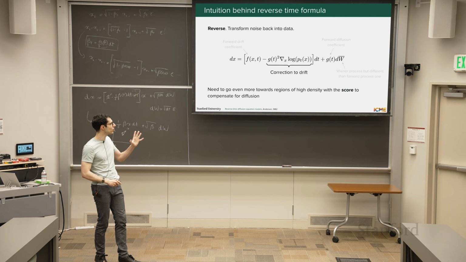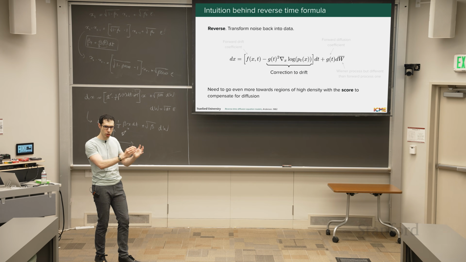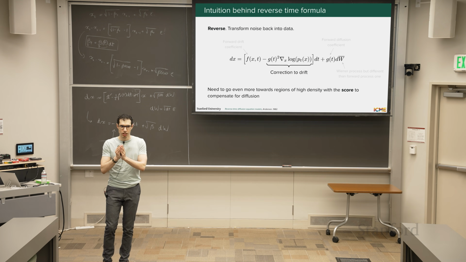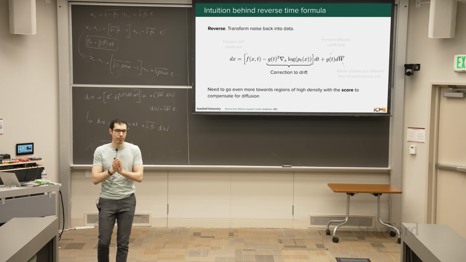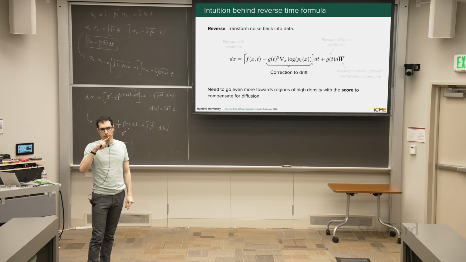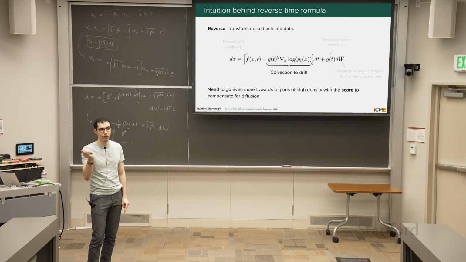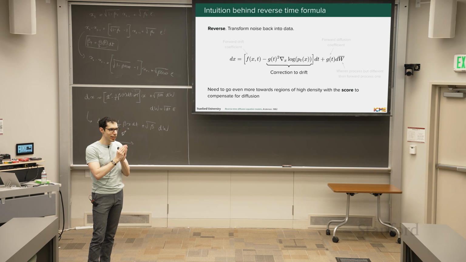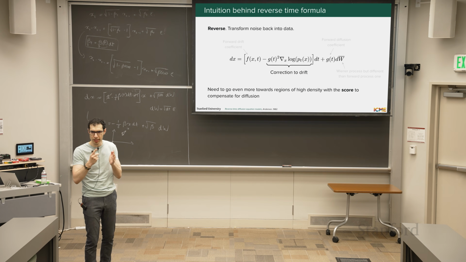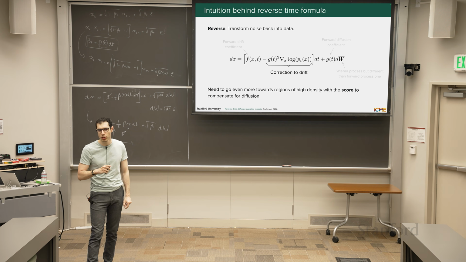It's dx equal to the original drift, minus the diffusion coefficient times the score, times dt, plus your diffusion term. And here we note dw bar, because the Wiener process from the reverse process is actually different compared to the one from the forward process, which is why we note it with the bar.